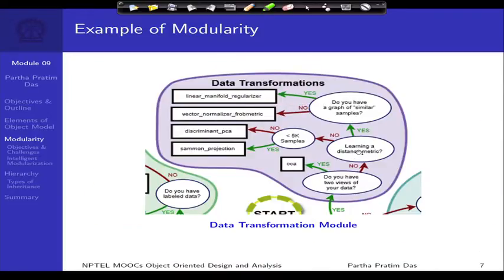One module is data transformation, where in whatever form we are getting the data for machine learning, we have to transform and represent it in different standard forms of linear manifolds or vector manifolds and so on. All components relating to these transformation tasks are put together in the data transformation module.